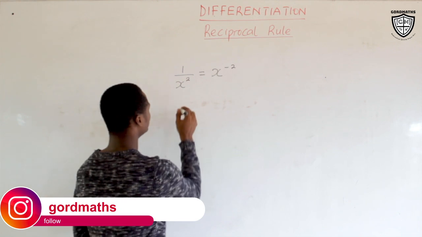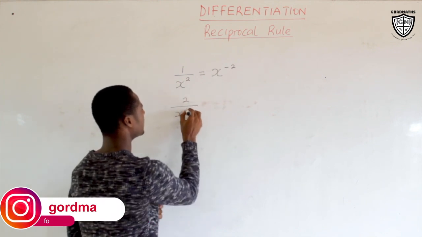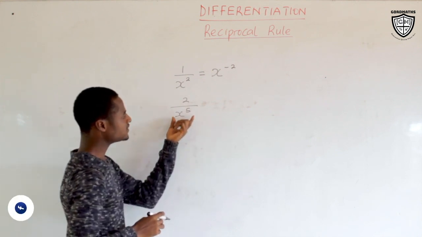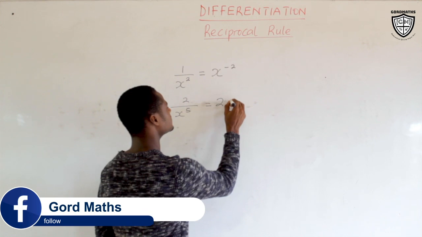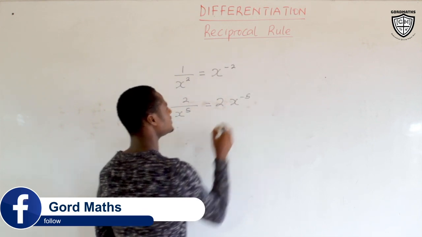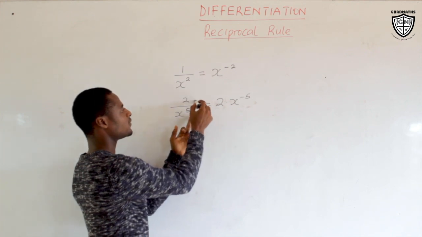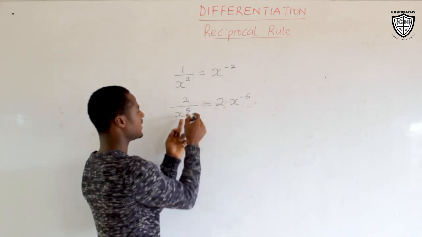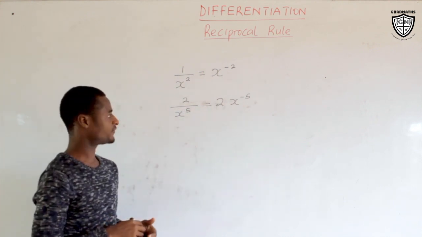So consider the function 2 over x raised to the power 5. Then the reciprocal of this function is 2 times x raised to the power negative 5. So x raised to the power 5 here moves to the numerator, and then the exponent changes to the negative.